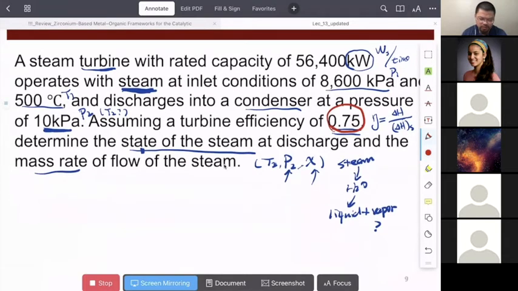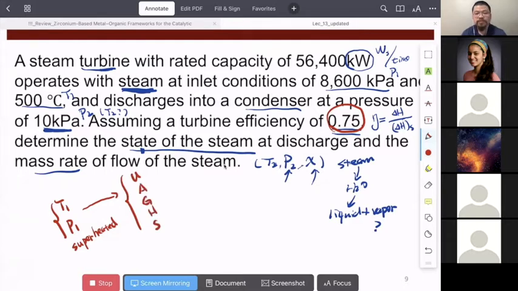And if we know T1 and P1, which is a superheated steam, then we are able to look at all those values: the internal energy, A, G, H, or S, right? So over there, we quickly realize that this input entropy shall be known to us.